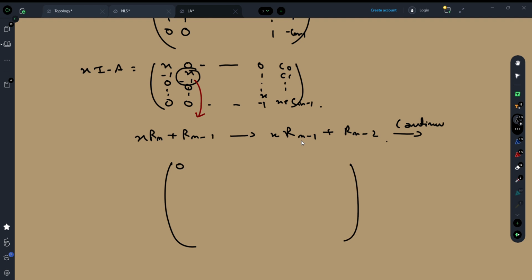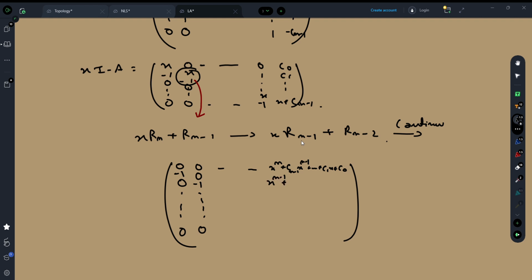As we continue the process, we reach this matrix. If you carefully observe, we reach the matrix of the form 0 minus 1 0, all the elements are 0 here. Then you have 0 0 minus 1, all the elements are 0 here, and so on and so forth till you reach this element x to the power n plus c n minus 1 x to the power n minus 1, and so on till you have c1x plus c0, right?